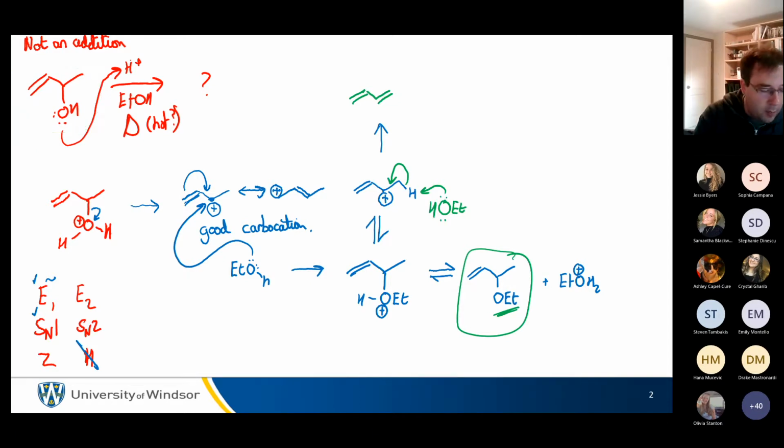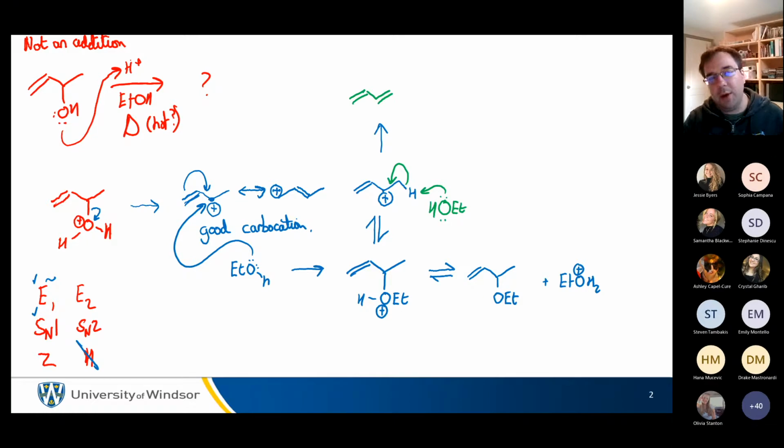But this is all complicated by the fact that under this heat, the nucleophile coming in and coming off is reversible. And if we generate the carbocation, we can do the E2 or E1. And now we have the double bonds in resonance with each other.